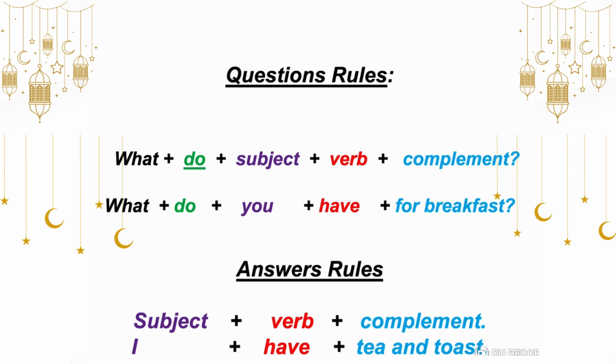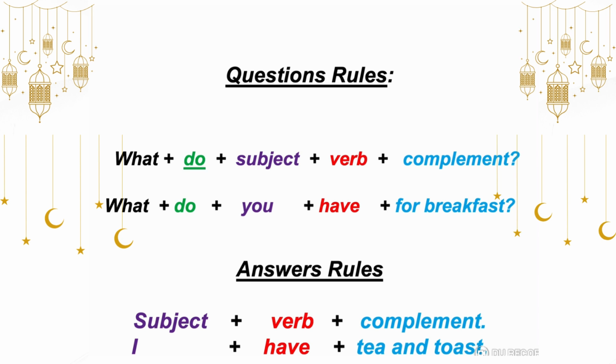How starts just with H, while all the other words start with WH. So the first word is what. The second word is do, the auxiliary verb. And the third word is the subject: I, you, we, you, they, he, she, it, plus verb to have, plus complement.